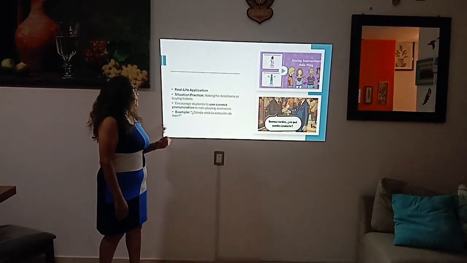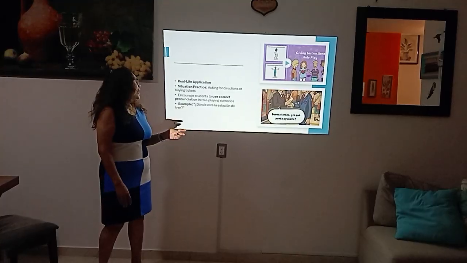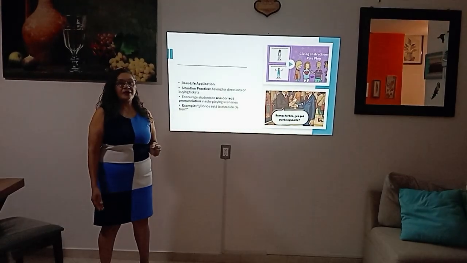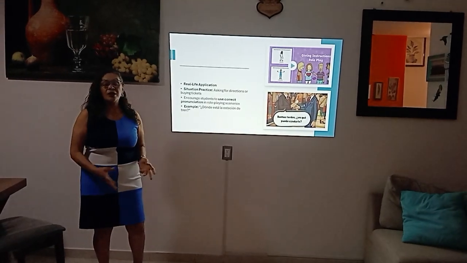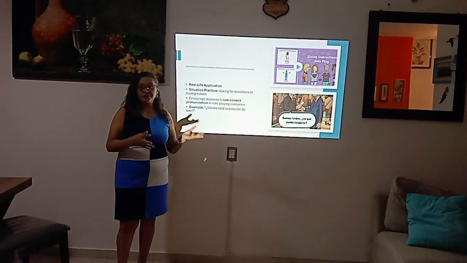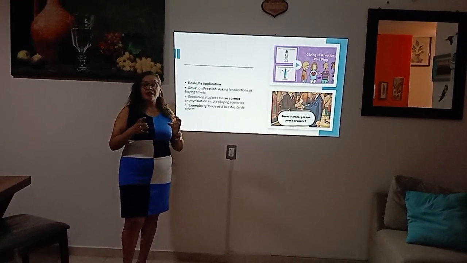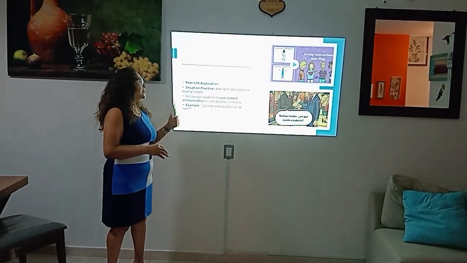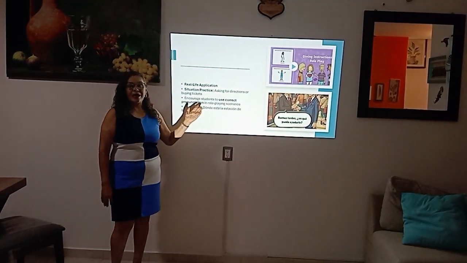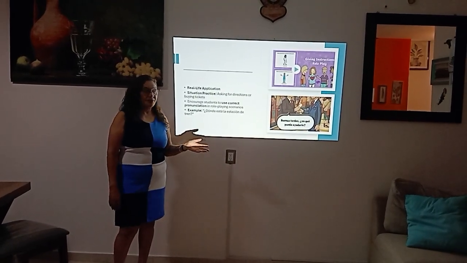And in real life application, we will practice asking for directions and buying tickets. As in the example, the teacher is going to present the verbs and the common phrases in Spanish so that the students can practice common situations in real life.